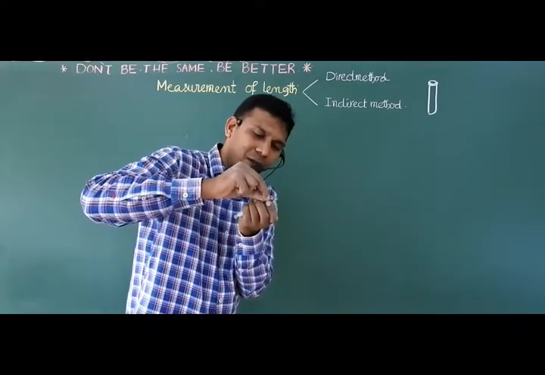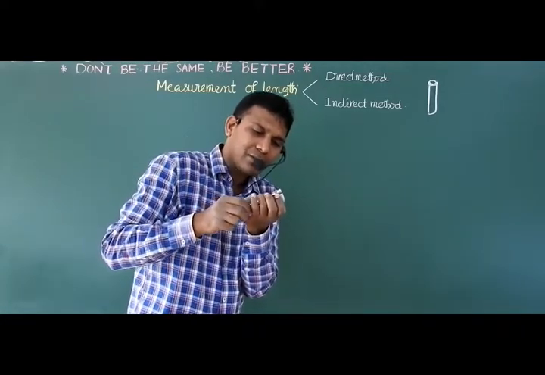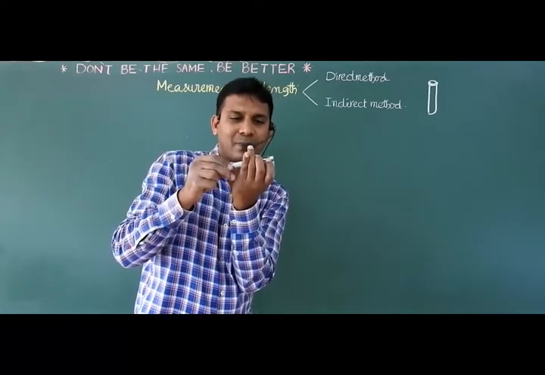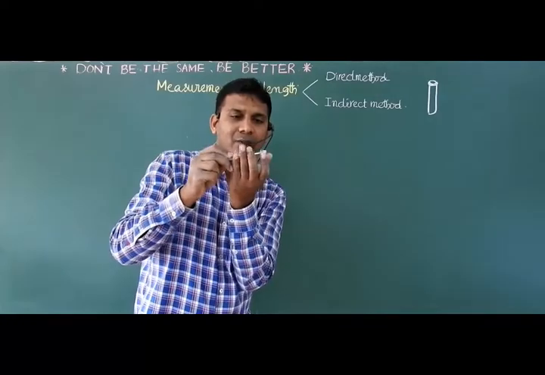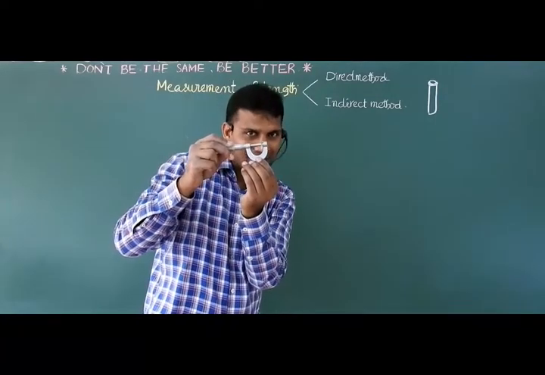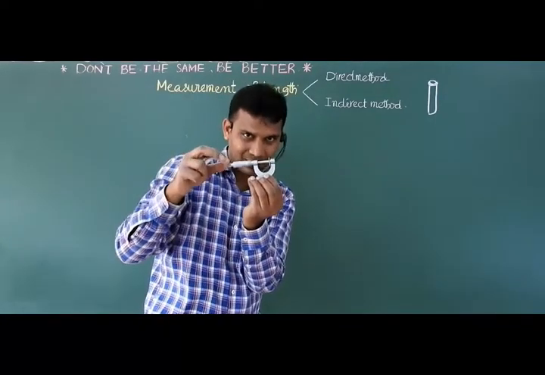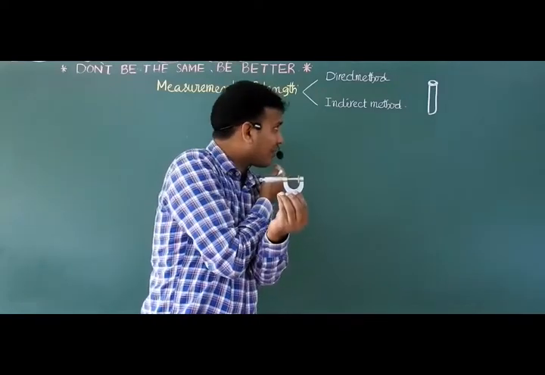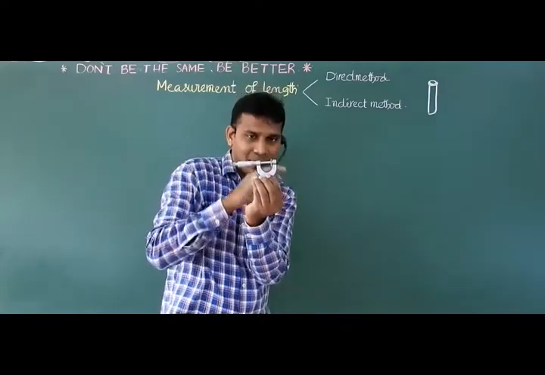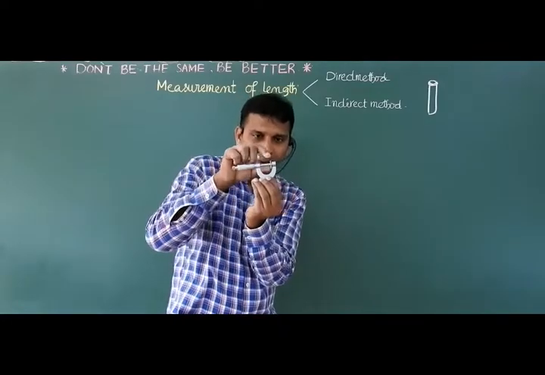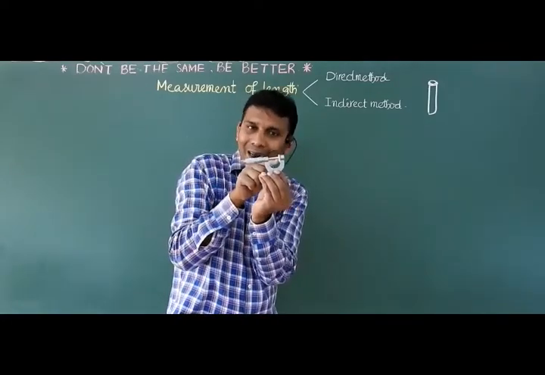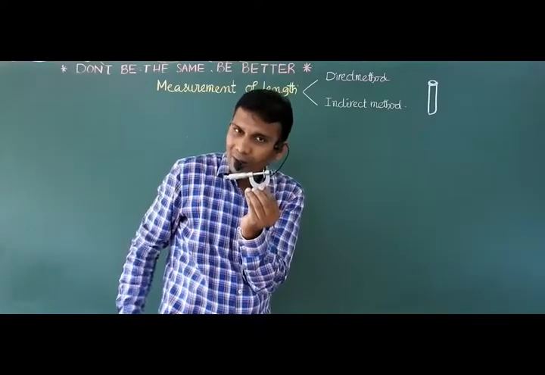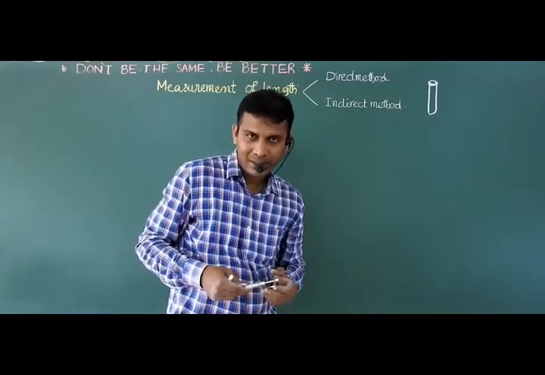Now I want to measure its thickness. So the way is to keep the glass plate between the two studs. You will discuss all these things in practicals. Only for better understanding, today I am using all these. So with the help of this screw gauge, we can find out the thickness of the glass plate. Clear?